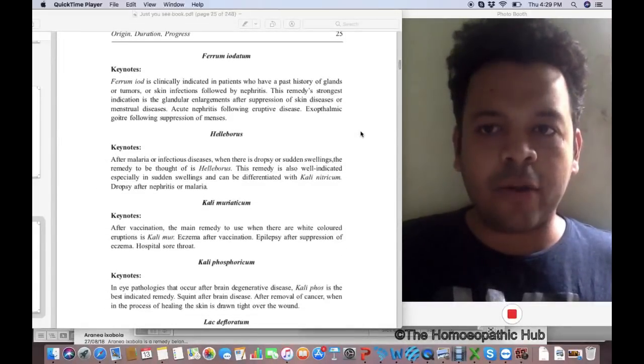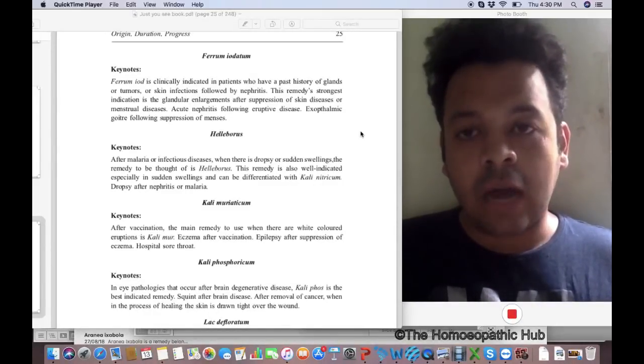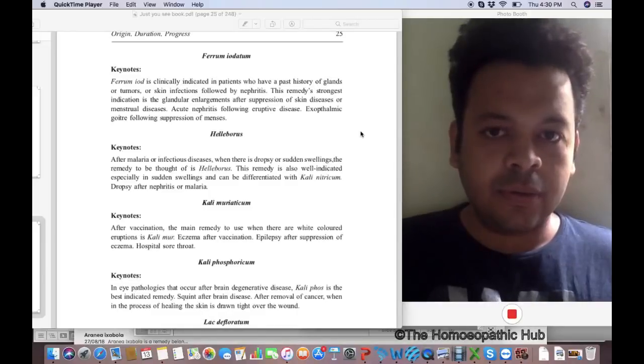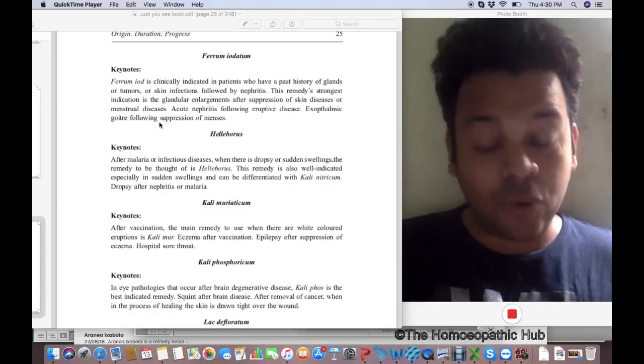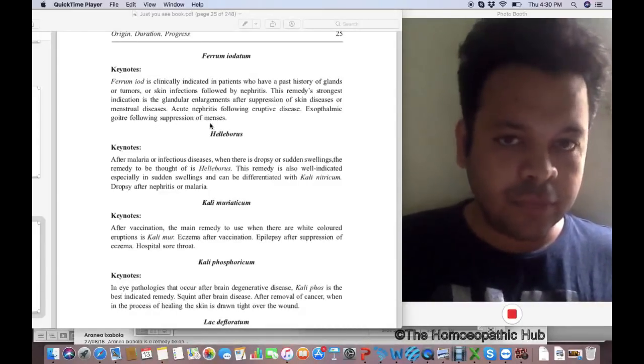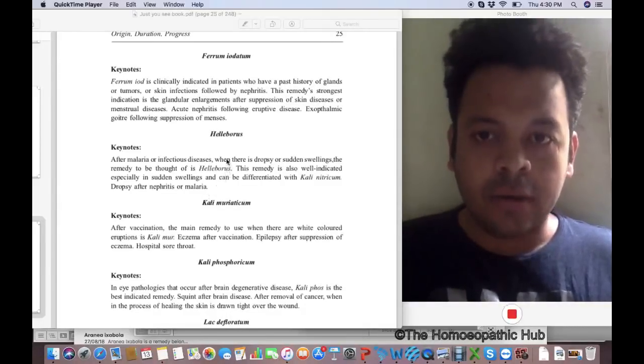Another remedy, ferrum iod, especially thyroid, tumors, cancers. After that, there is nephritis. This is very important. Ferrum iod. The important keynote: exophthalmic goiter following suppression of menses. It's a top hormonal remedy. Next remedy, Helleborus.